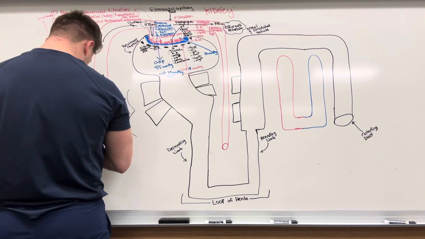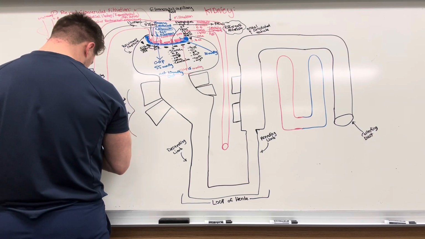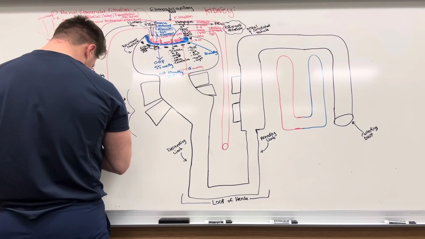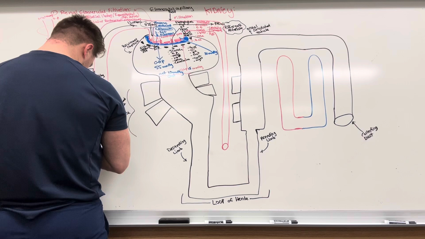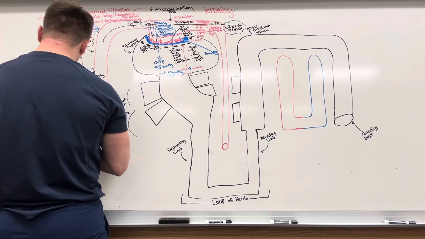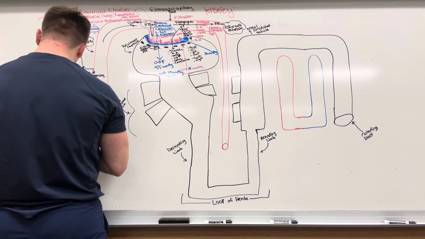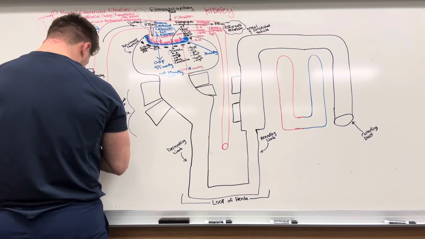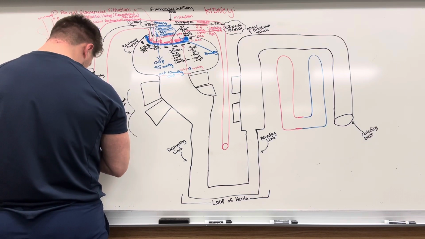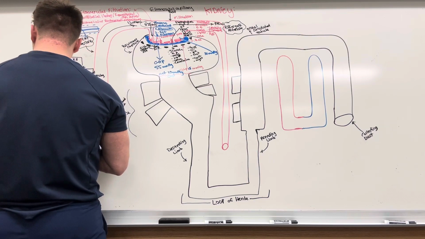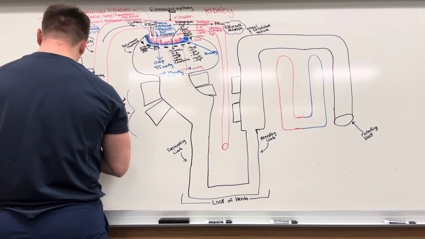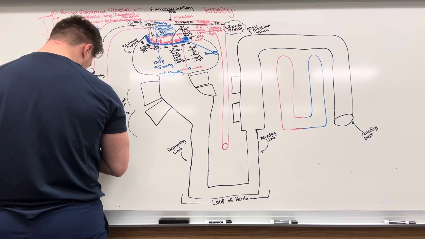We know on our charts creatinine has no reabsorption and is secreted. So if we had 127 milliliters per minute, and normal is 125 to 127, this would equal GFR.